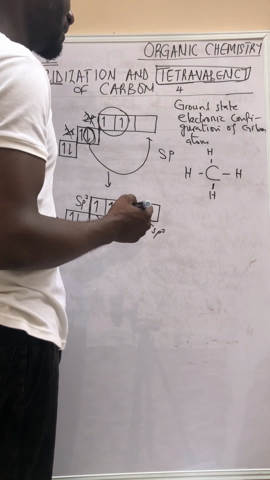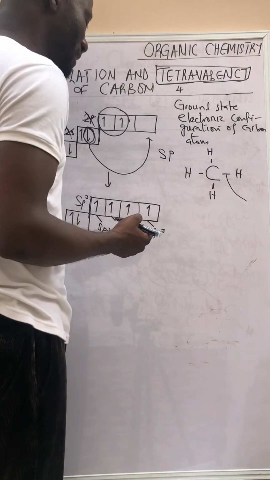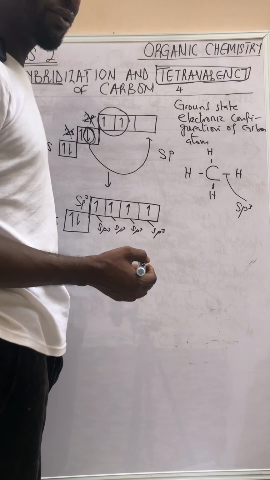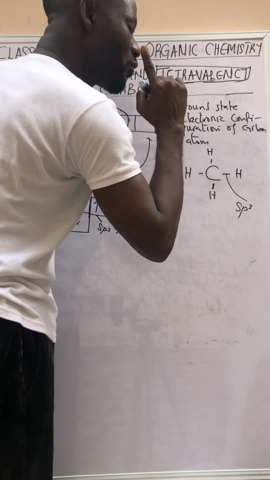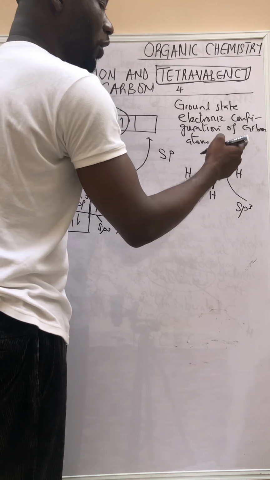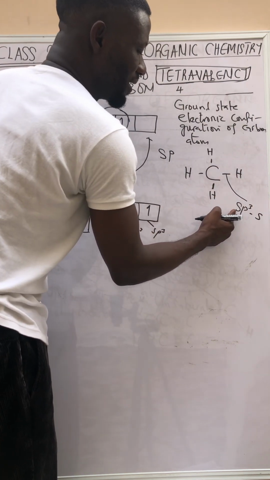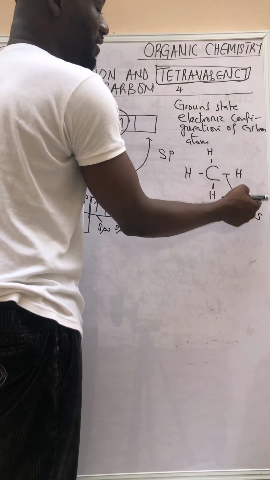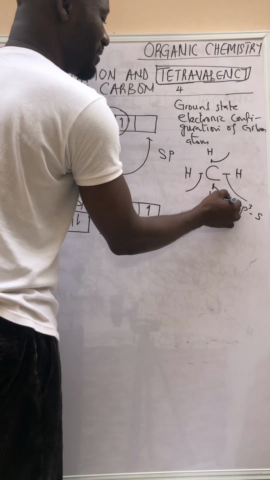It means in the covalent bond here, we have an sp3 electron being contributed by carbon, and we have only one electron, which is from the s of hydrogen. So we have an sp3-s bond here, an sp3-s bond here, the same thing here, the same thing here, the same thing here.